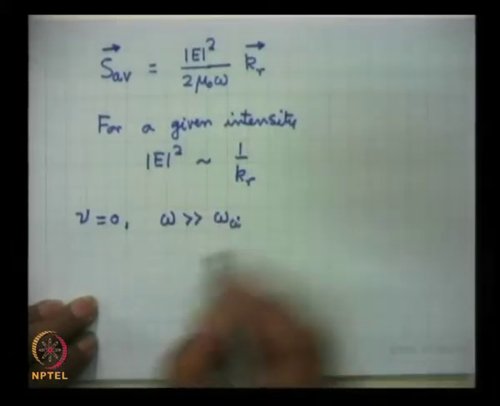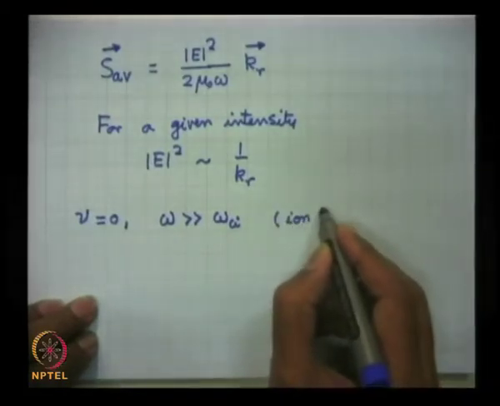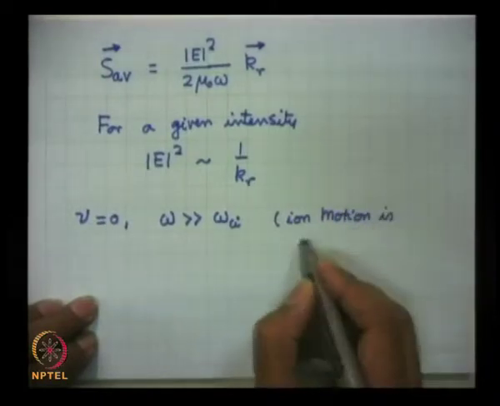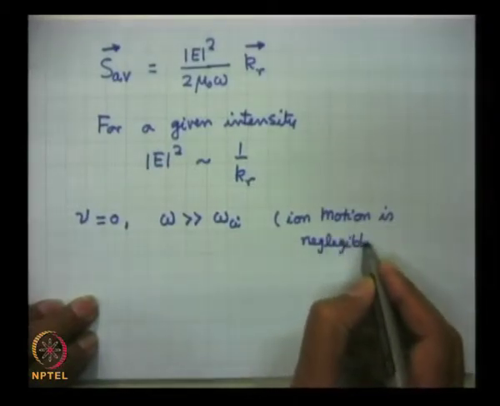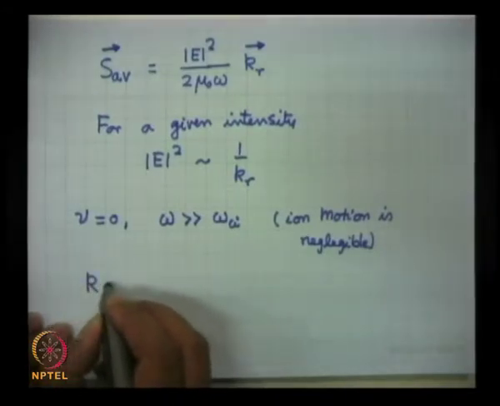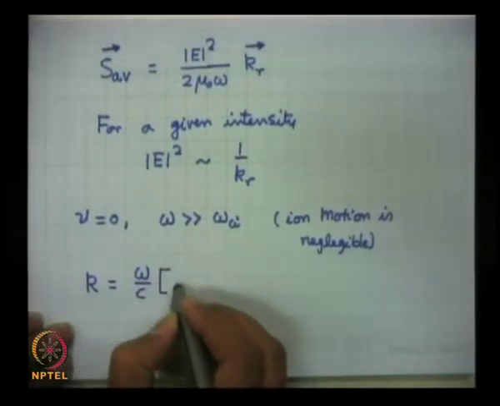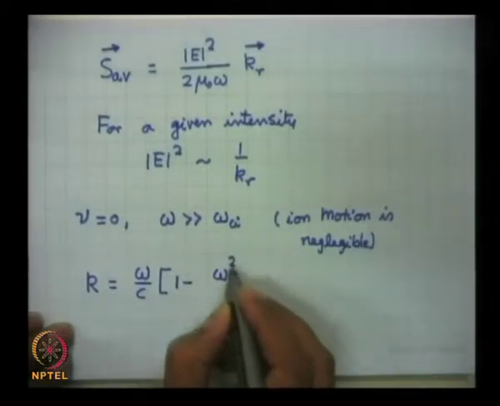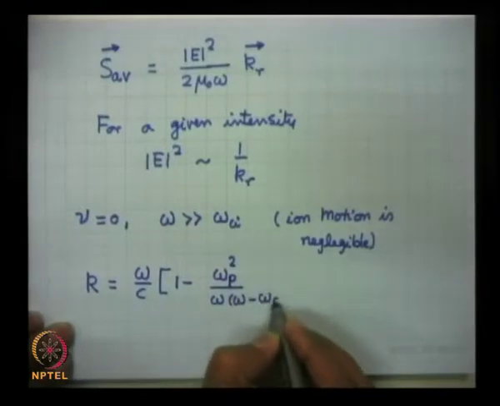In that case, the ion motion is neglected, so the ion terms are negligible, and your expression for k becomes omega by c into the square root of 1 minus omega p square upon omega into omega minus omega c.